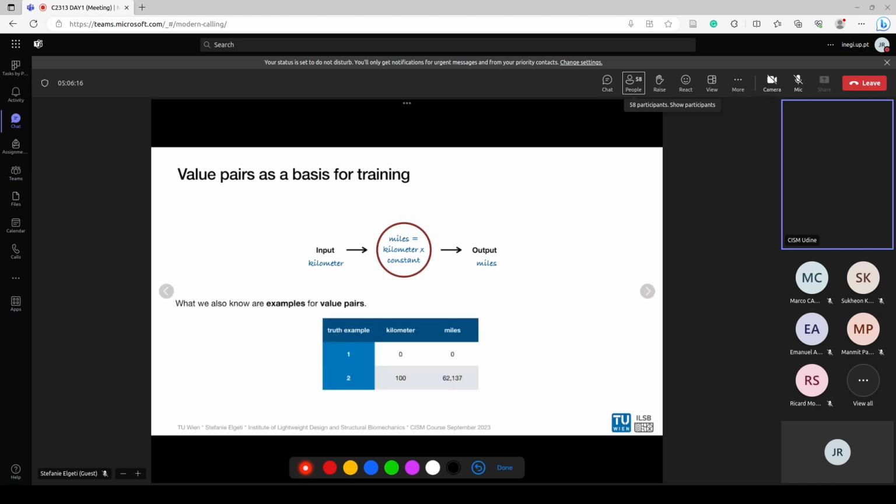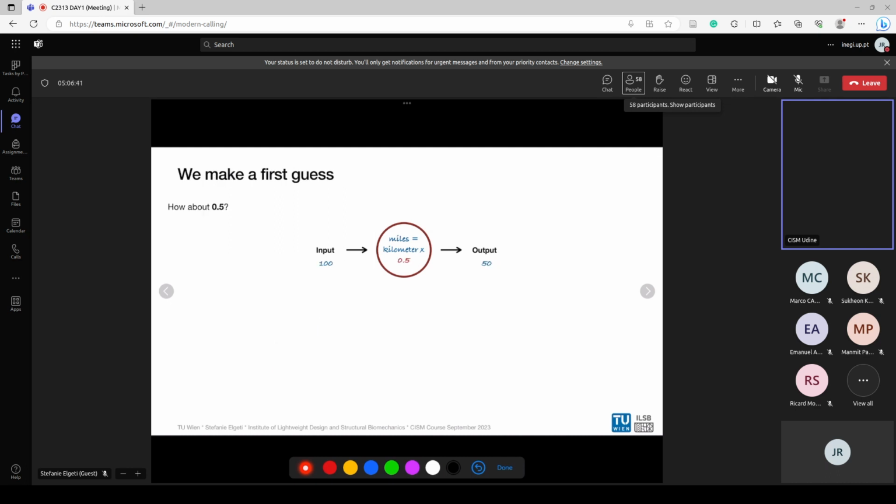And then we get some training data, so some value pairs. The first true example is that 0 kilometers is 0 miles, and the second one is 100 kilometers is 62.137 miles. And now we refrain from directly computing the constant. We want to use this example, and we try an iterative scheme.